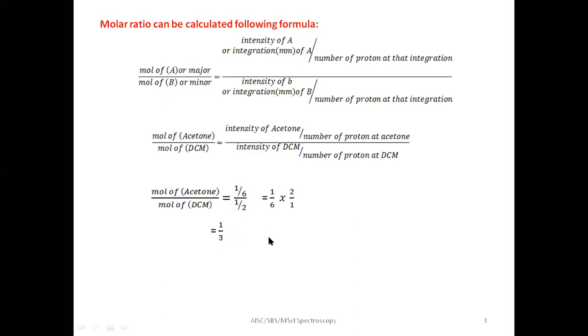Therefore the molar ratio, that is the moles of acetone to moles of DCM, is equal to 1 to 3. The number of moles of acetone is 1 and the number of moles of DCM is 3. So the molar ratio for this solution is 1 to 3. That means 1 acetone and 3 DCM in your solution, so that they give intensity 1 to 1.